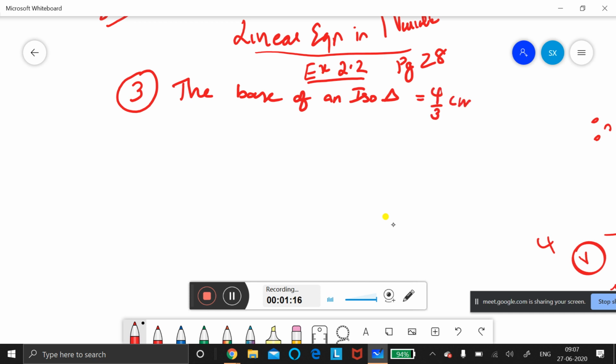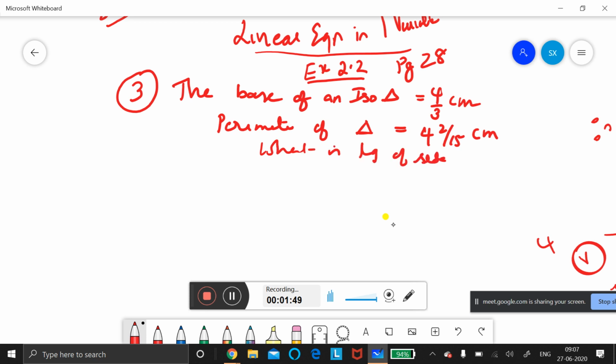Then the perimeter of the triangle is 4 2 by 15 centimeter. Then what is the length of either of the remaining equal sides?